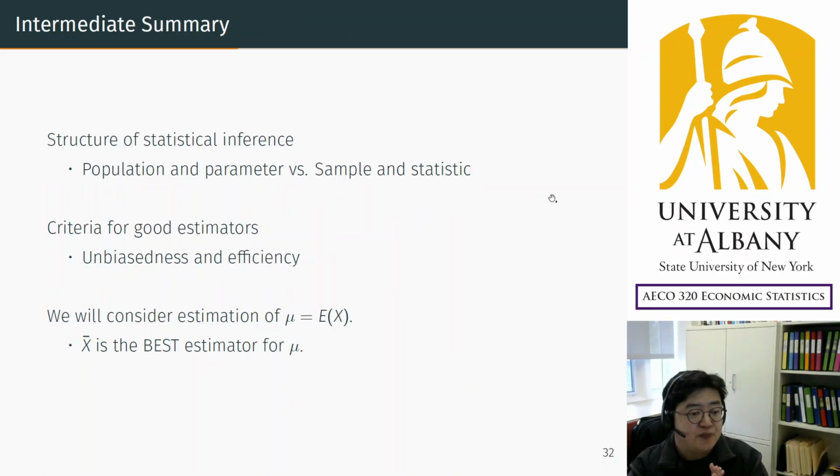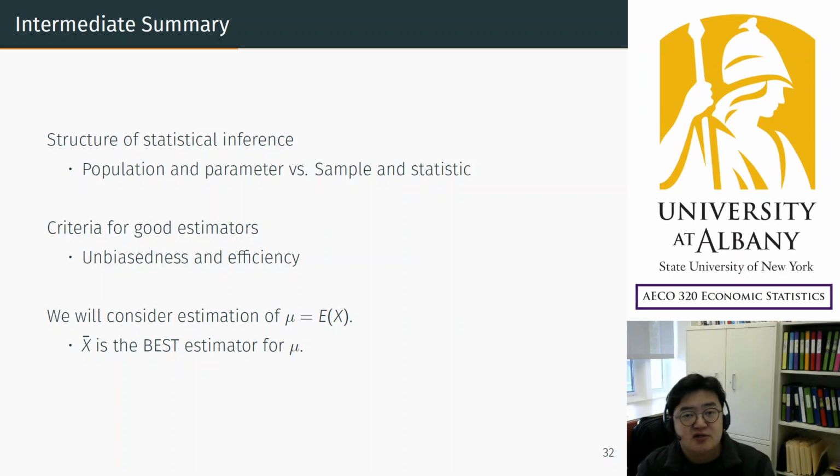Okay, so an intermediate summary. So far, we learned the basic framework for statistical inference, like the distinction between population and sample, and parameter and statistic. You need to understand their differences. Then we learned the requirements for a parameter and an estimator. And what's more important is, when you have multiple estimators, how can you tell a good estimator?